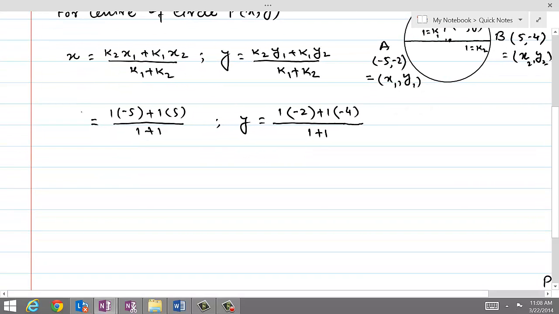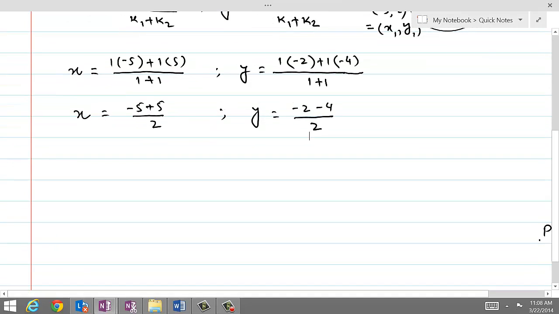Here the value of x and y can be calculated as -5 plus 5 over 2, and y is equal to -2 minus 4 over 2. This is x equal to 0, and here y is equal to -3.